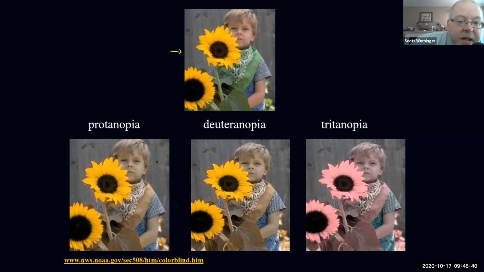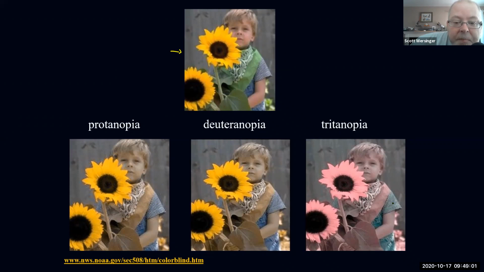So if you're lacking these photopigments, you can see blue's okay, right? You can see yellow, that's okay. But things like green, you don't perceive very well. With this, you perceive different colors poorly, right?